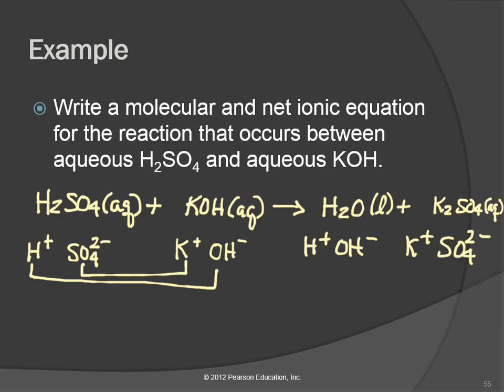So if you add those together, you get -1. So what this is going to do in a compound is you're going to have 2 of the potassium ions for every 1 sulfate ion. So that when you add these charges up, you get a total of +2, and the total negative charge is -2. And so that's why there's 2 potassiums for every 1 sulfate.